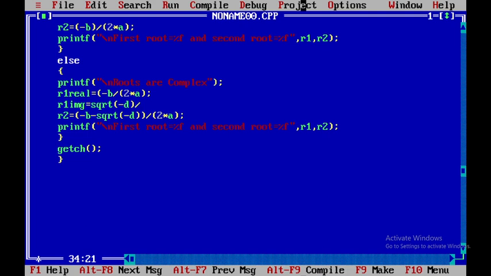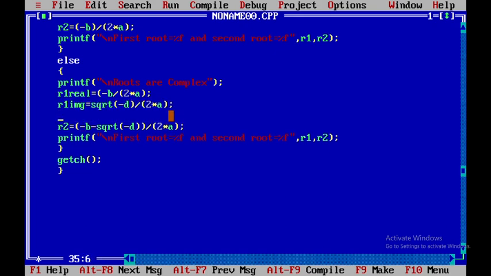So this is imaginary 2 star a. And this is the real part of the first root, and this is the imaginary part of the first root.